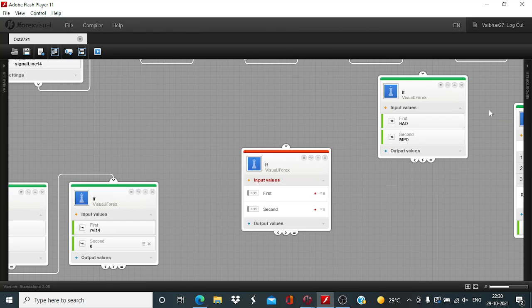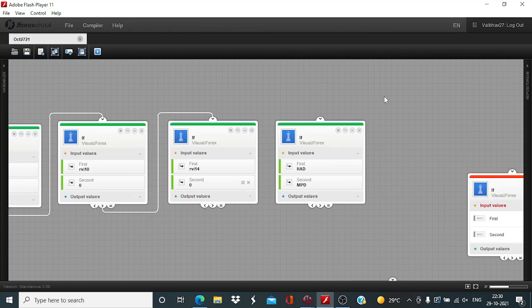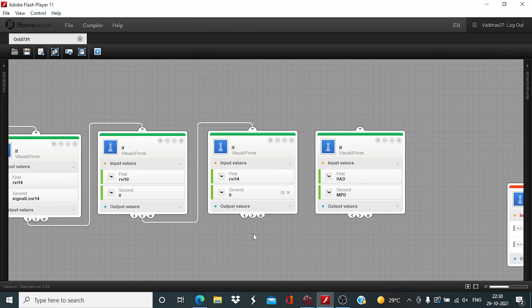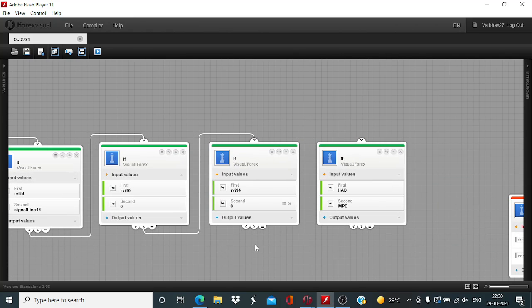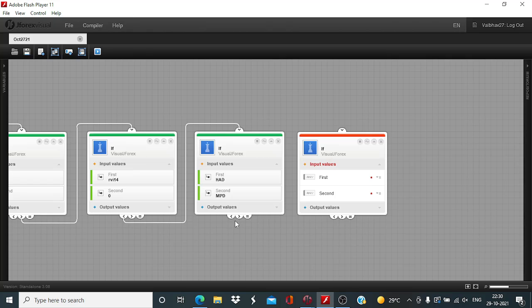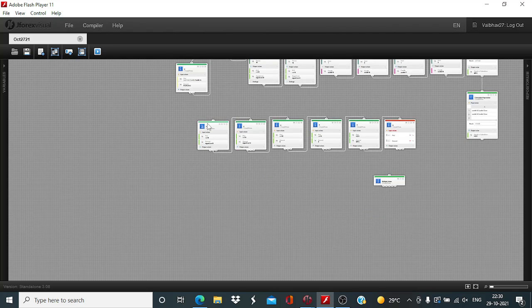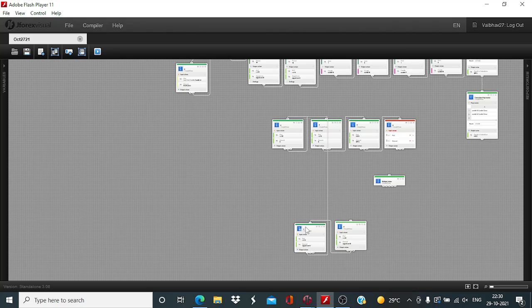Okay, so here first input less than second input, and after that this should be first input greater than second input. So we have determined these factors which need to be in place for any buy trade to execute.